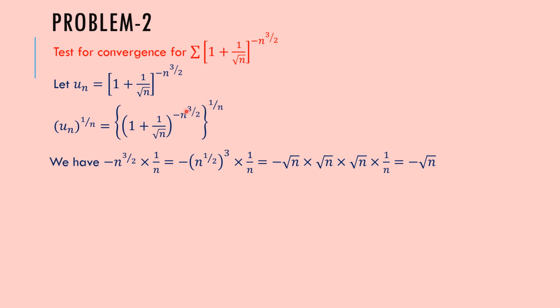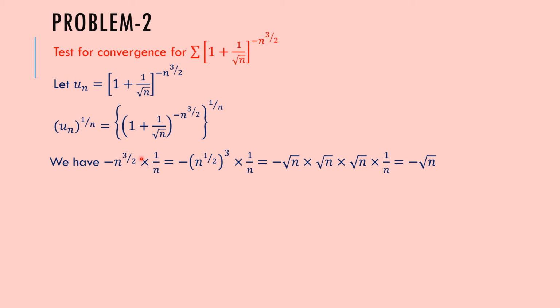So let me write minus n power 3 by 2 into 1 by n. Let me simplify this power part first, then apply this power to the expression. Okay, so minus n power 3 by 2 into 1 by n.